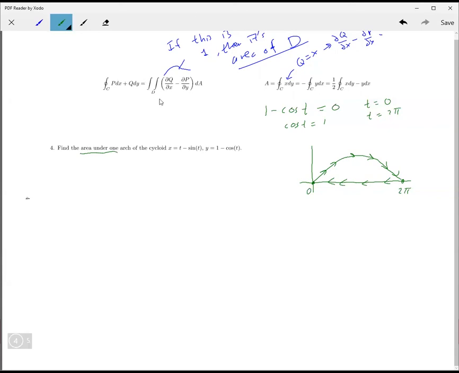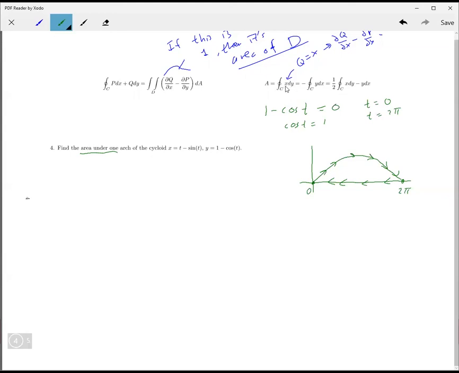So we use Green's theorem. So here's the area this time right here, right? And as we went over before, if you could make this 1, then this integral here is going to be the area. If you could make that minus that equal to 1. And these are different situations that actually do that.